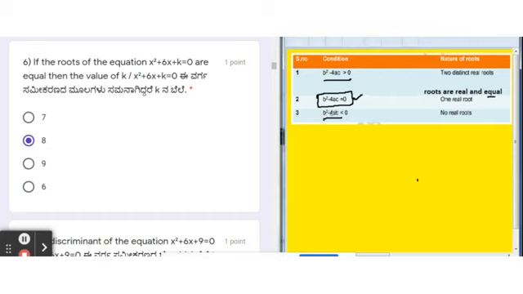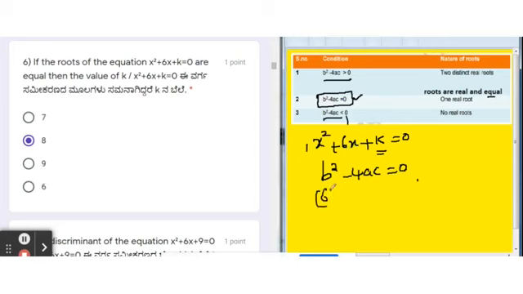So let us jump to the question. The given quadratic equation is x square plus 6x plus k is equal to 0. Our target is to find k, and the condition is roots are real and equal. If roots are real and equal, then the discriminant is equal to 0. So what is b here? In the quadratic equation, a is the x square coefficient, b is the x coefficient, and c is the constant.